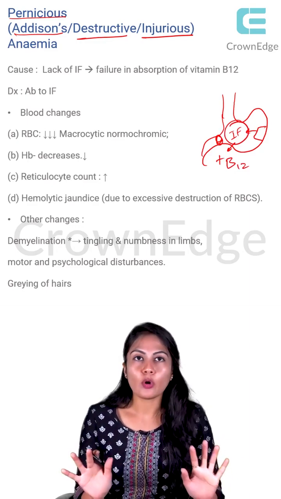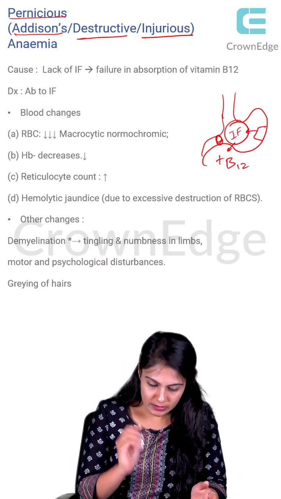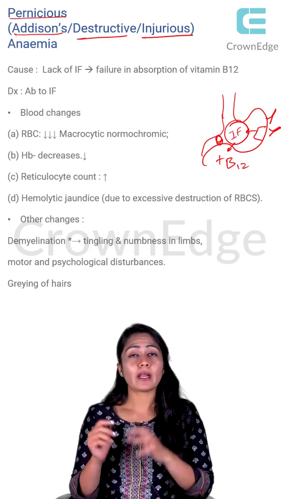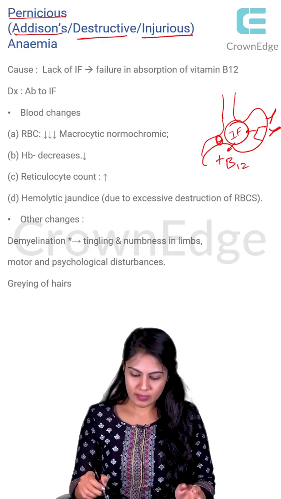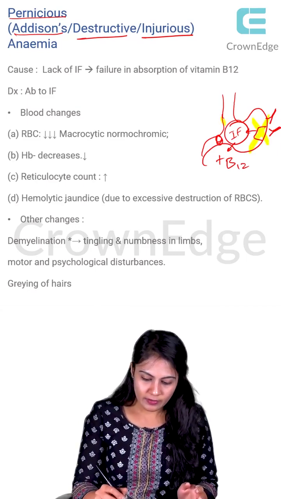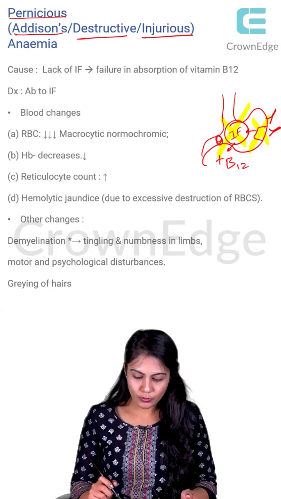If by any cause this intrinsic factor is not there, as in this anemia per se, what happens? There are antibodies formed against the parietal cells and they destroy them, and that's why the intrinsic factor cannot be produced. If the intrinsic factor is not produced, what will happen?